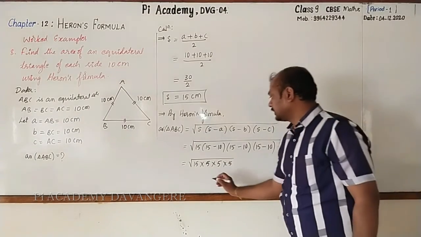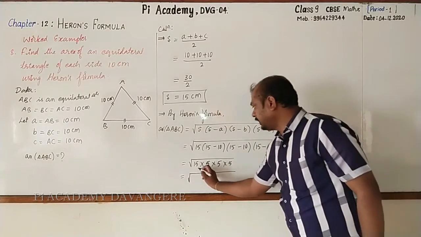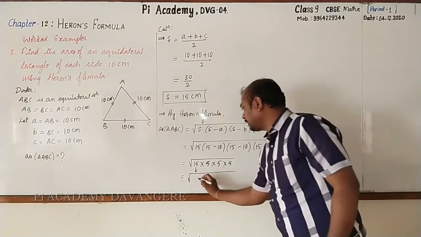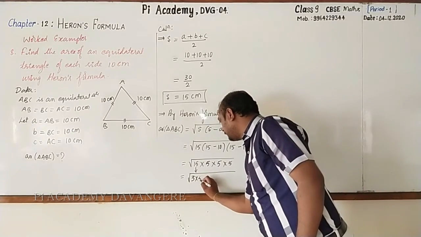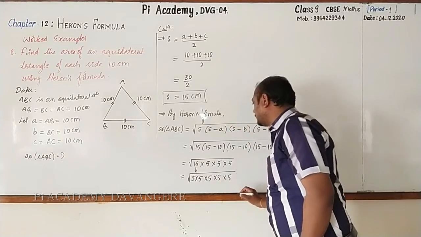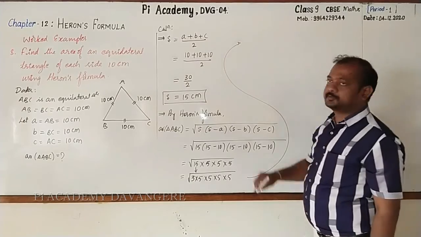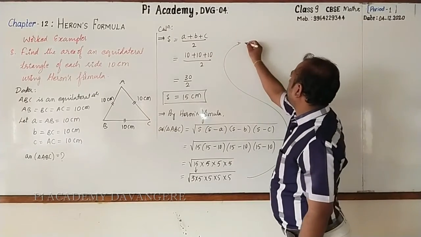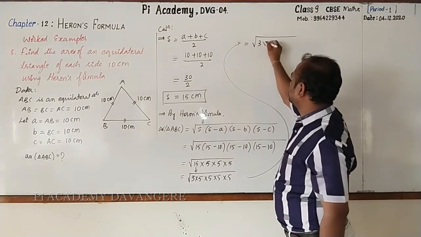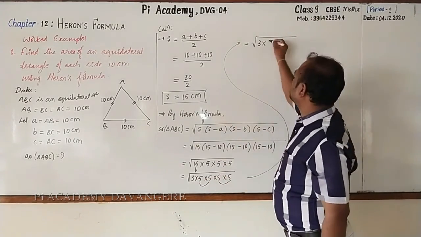Followed? Next, this is equal to square root of, here 15 is there. We know that 15 is a multiple of 5. Hence, we can write 3 5s up. Then remaining 5 into 5 into 5 as it is. Now, let me continue that here. Observe. It is square root of 3 as it is, whereas 5 into 5, it is 5 square.